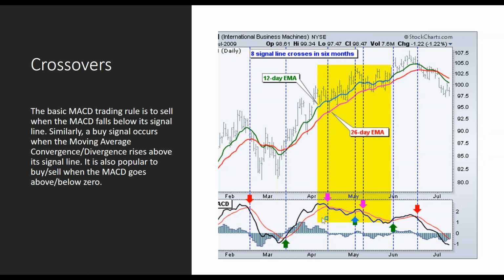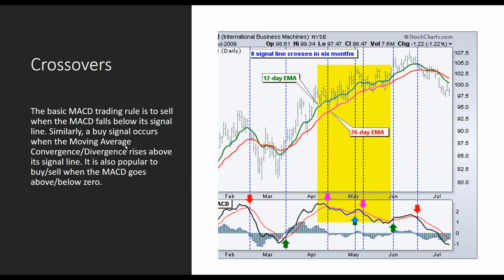So as you can see on the chart right here, when we have the crossovers going down, the MACD is in the black and the signal line is in the red. So what happens? The MACD crosses below its signal line. What does that tell you? Okay. When MACD falls below its signal line, it is a time to sell.